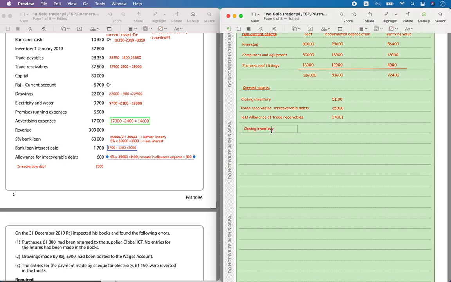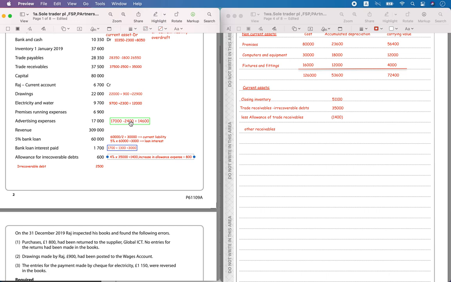And then we have the other receivables. Other receivables were around 2,400. This was prepaid expense. So the prepaid expense can become other receivables.